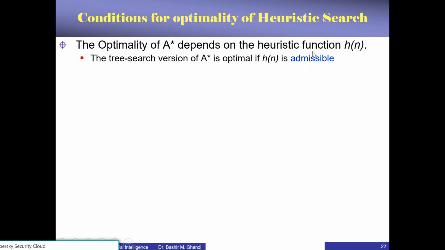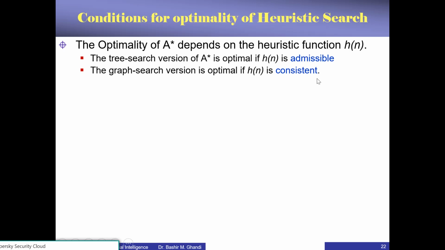We will explain what it means for a function to be admissible in a moment. What about the graph search version? The graph version of the A star algorithm will be optimal again if the heuristic function is consistent. So again, we're going to explain both of these two terms.